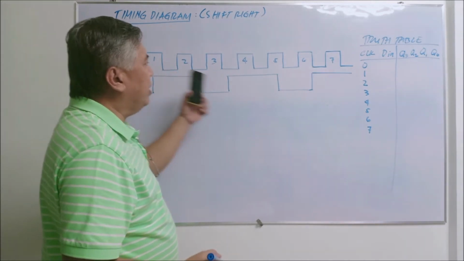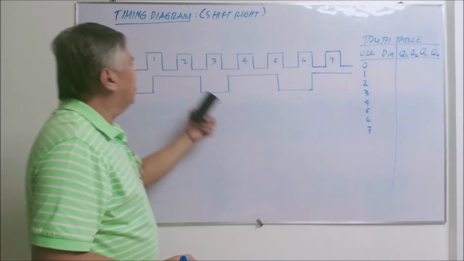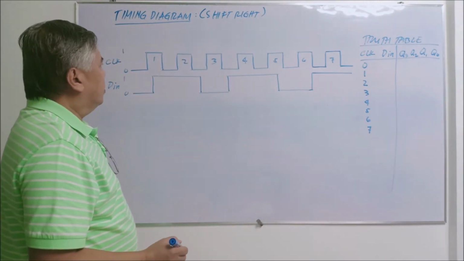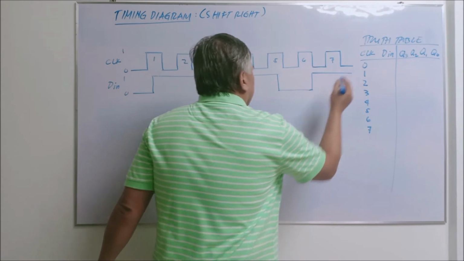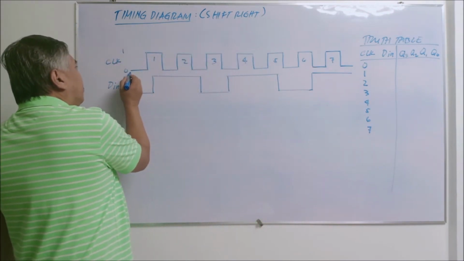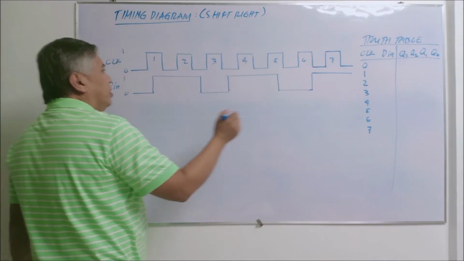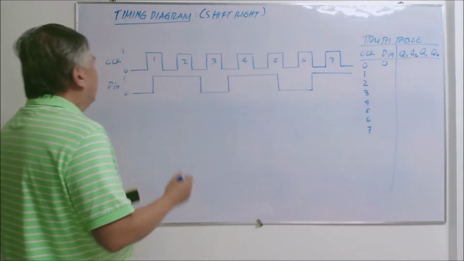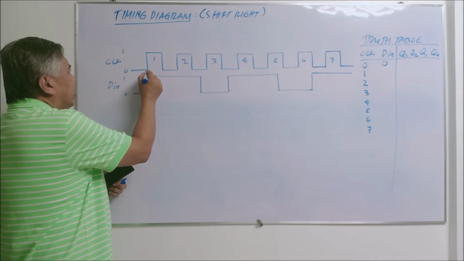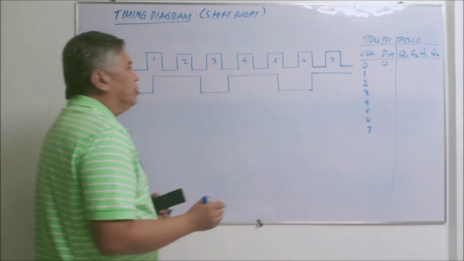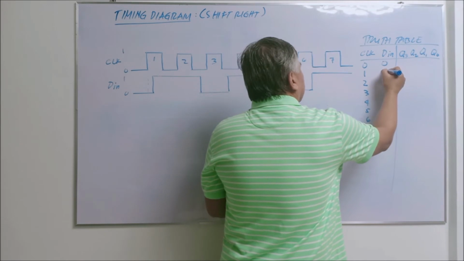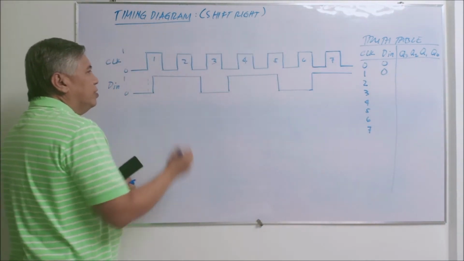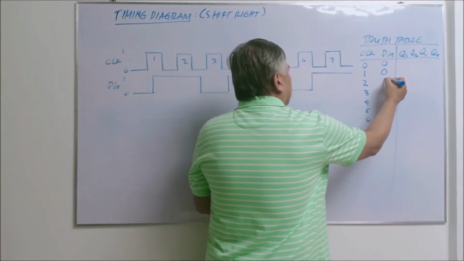Okay? So we determine the condition of your D input during these particular clock pulses. For clock is 0, meaning no positive triggering, your D input is 0. Then on the first positive edge triggering of the clock, your D input remains 0. On the second positive triggering, your D input becomes 1.